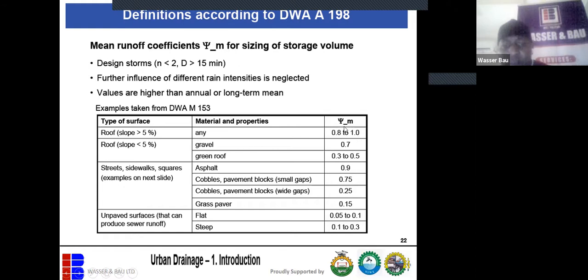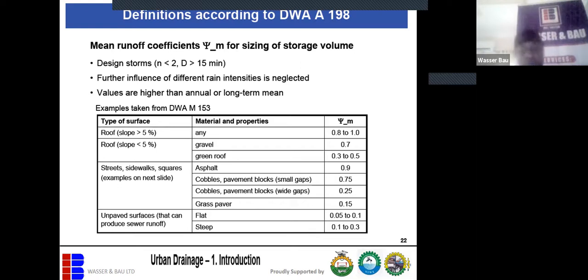Gravel is about 0.7. Green roof is between 0.3 and 0.5. Asphalt is about 0.9 because asphalt is absolutely impervious or not permeable. Water cannot penetrate asphalt. So virtually all the water, that's why the runoff is almost close to 1.